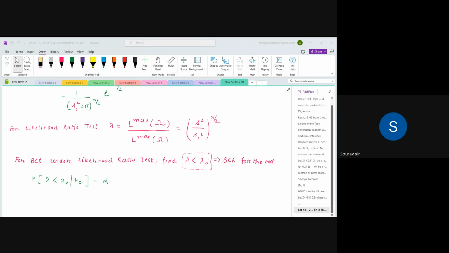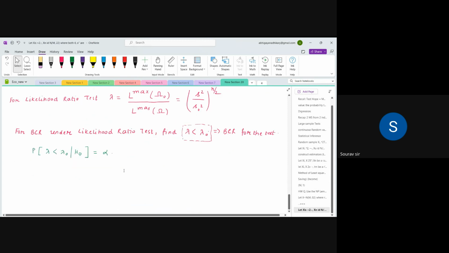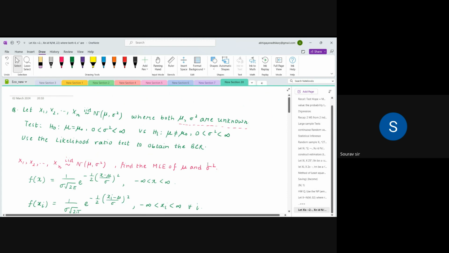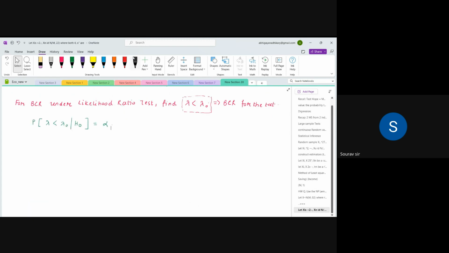So if this is fine with all of you, let's move on to the next question, or rather an extension of this in some sense. Next one. Let x1, x2, xn be a random sample from normal mu sigma square.